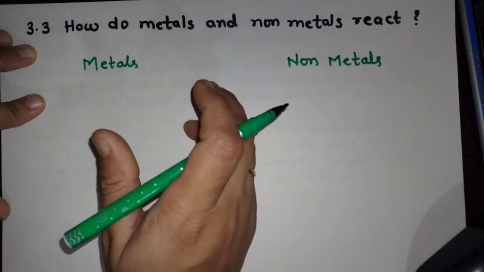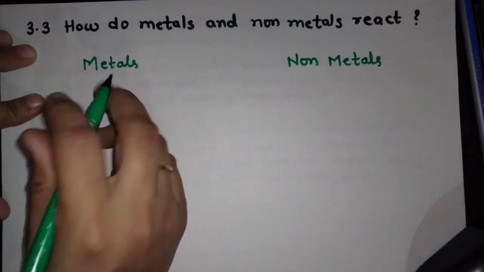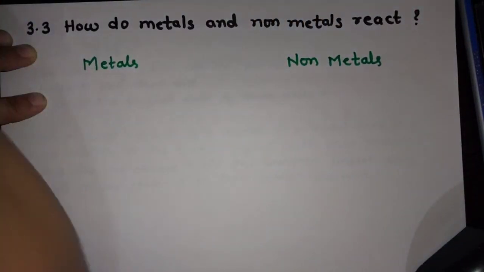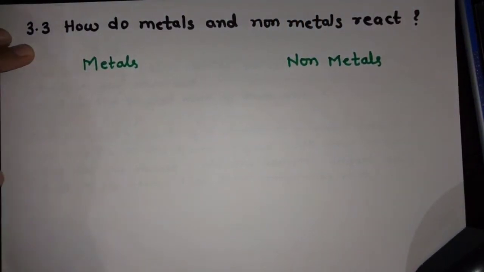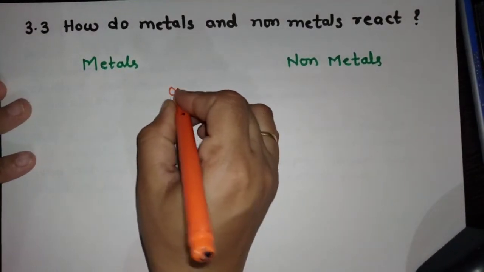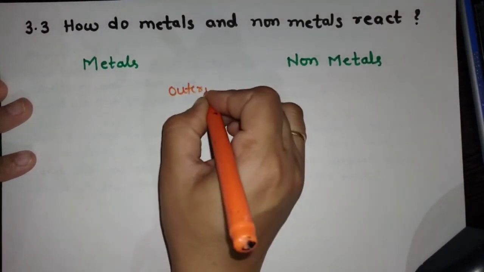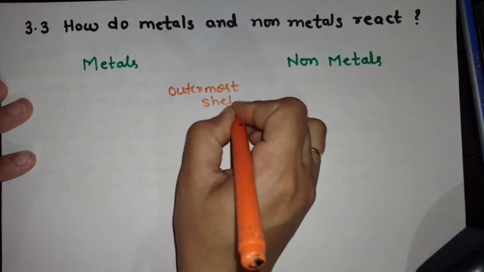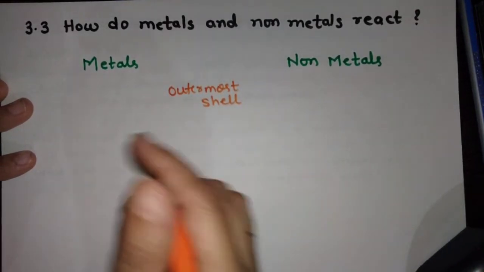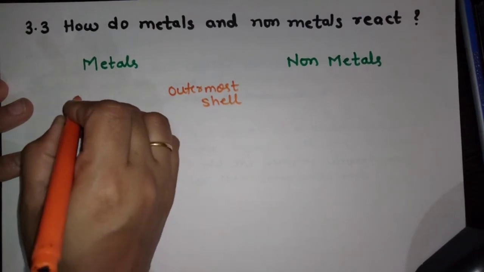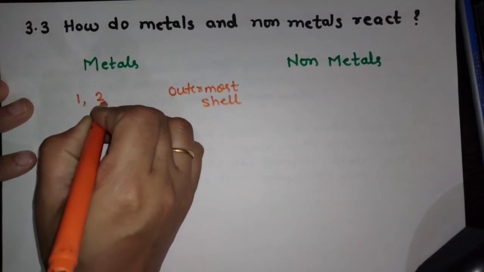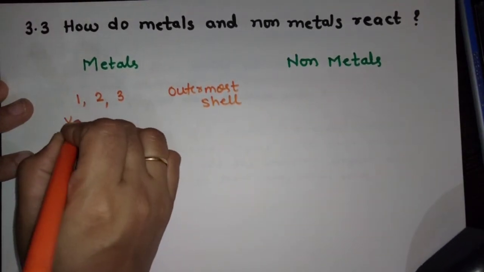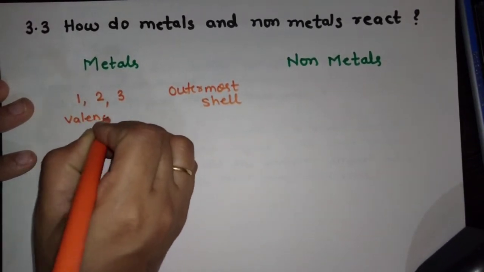Now if we check the metals, generally metals have either 1, 2 or 3 electrons in their outermost shell. These are the valence electrons.